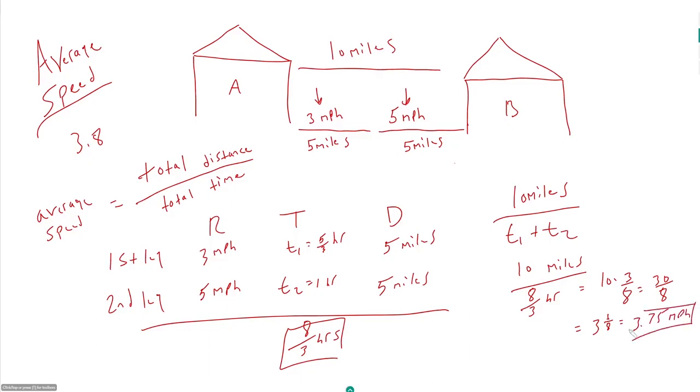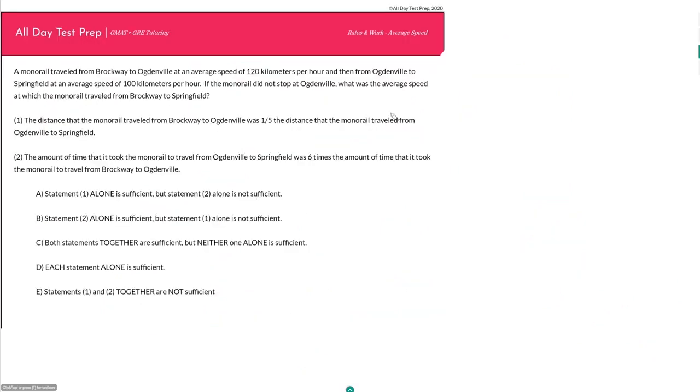So pretty close to what we said here. But the real point is it is a little bit less than 4 because the 3 gets weighted more strongly than our 5.